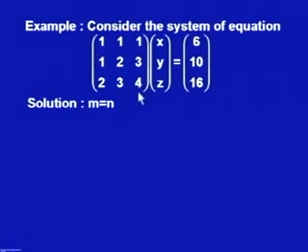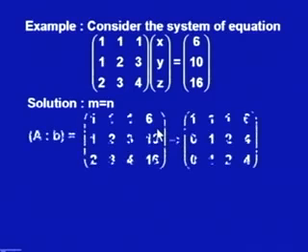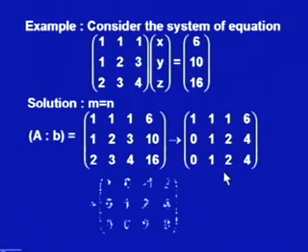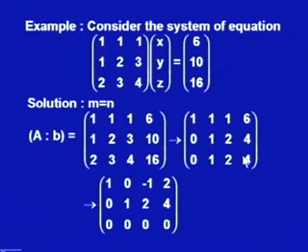So m is equal to n, you can notice here, and then we consider the augmented matrix, that is the matrix A, the coefficient matrix is written here, followed by the column vector 6, 10, 16. We apply elementary operations on this augmented matrix, so that this and this becomes 0, and this matrix will be transformed to this matrix, which may be further transformed.